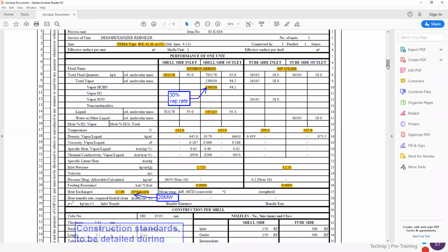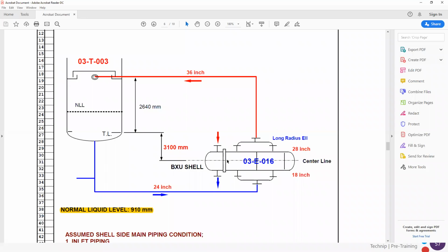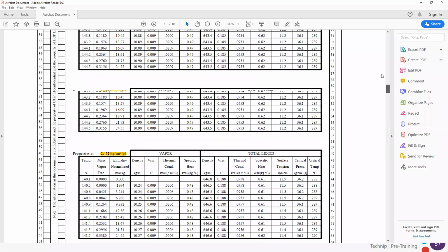Imagine if you have these 7 meters of tube. Here the tubes are located horizontally, but imagine if you have this exchanger located vertically. This distance would be much higher, so we would need to increase the height much more than with a horizontal shell. So this is the main point that I want to point out with this thermosiphon reboiler.